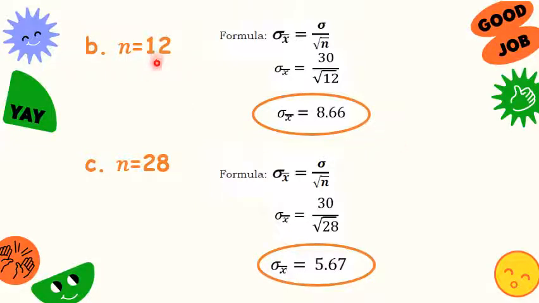And then, nung 12 na yung ating sample size, yung nakuha nating standard error ay bumaba, naging 8.66. And then, nung yung ating n na ay 28, ang nakuha na nating standard error ay mas bumaba pa, naging 5.67. So, ibig sabihin pala, as the sample size increases, yung ating standard error decreases.